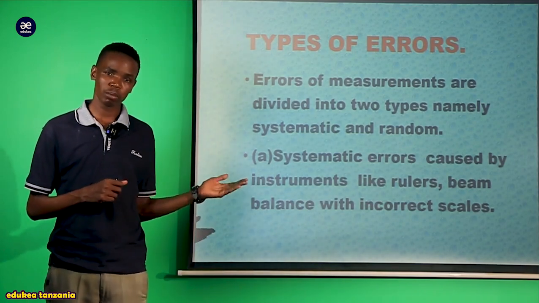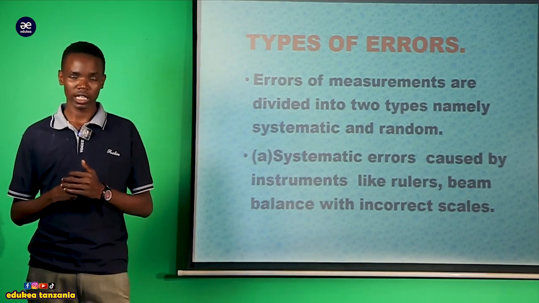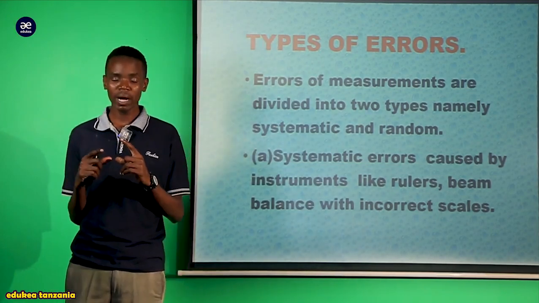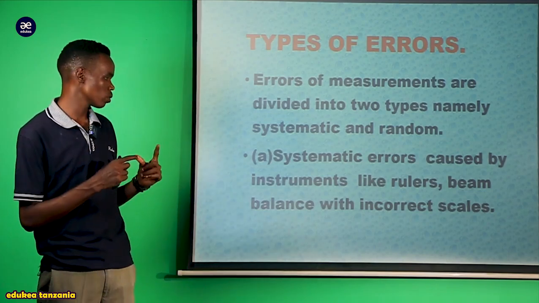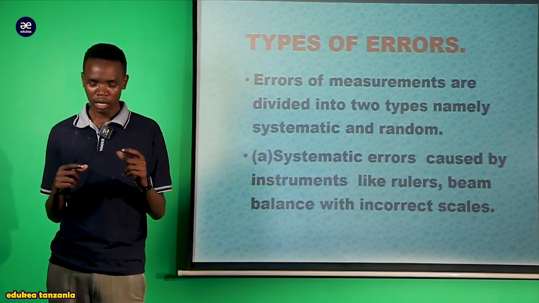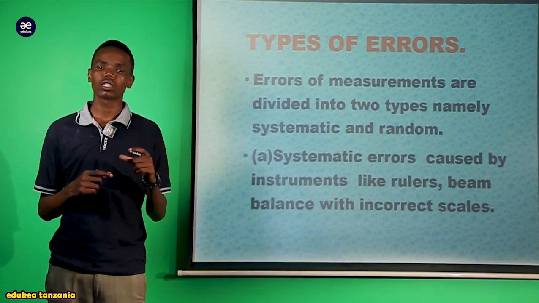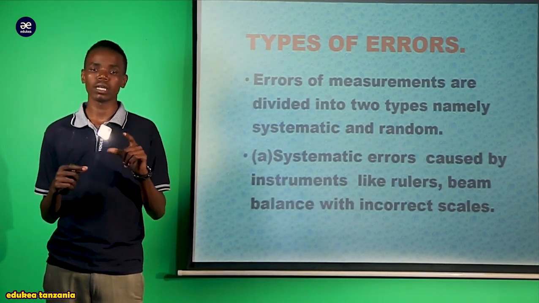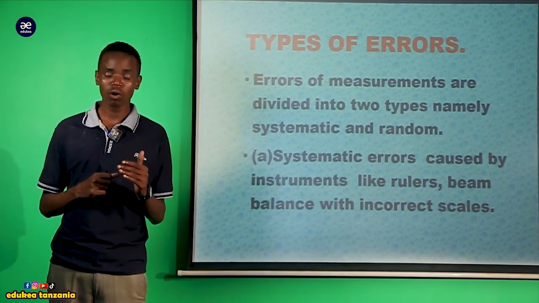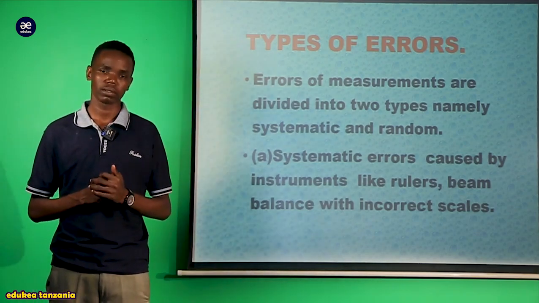For instance, the beam balance is an instrument used to measure mass. So if the beam balance involves incorrect scales, it leads you to obtain the error during the measurements. That is how we can explain the systematic errors.